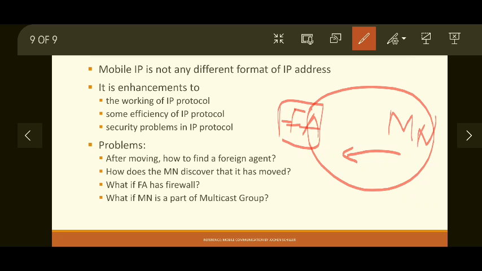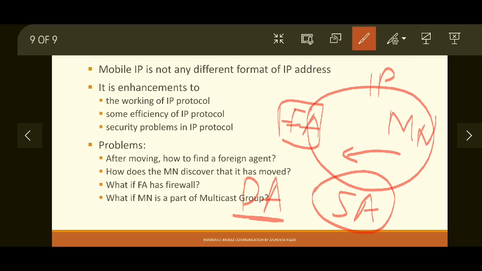When it receives the packet from the mobile node, it will check the source address and destination address. For a firewall, the destination address is not an issue. The issue is the source address. Why? The firewall detects this source address, which is the IP address of the mobile node. Now the IP address of the mobile node belongs to the subnet of the home network. We have seen that during the IP packet delivery. The mobile node's IP address belongs to that network.